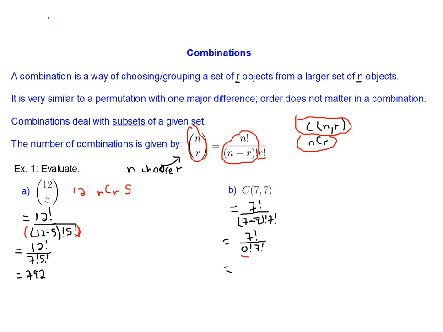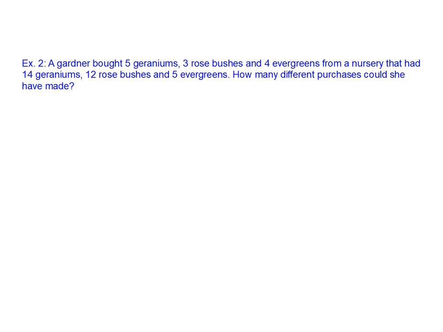If you think about it, without doing any calculations, it kind of makes sense. We have 7 names in a hat, say. We want to pull out 7 of those names. There's only one way for us to do that, and that's by pulling out all of the names. So even without doing a calculation, logically thinking through what's going on, we should be able to come up with an answer. All right, let's move on here.